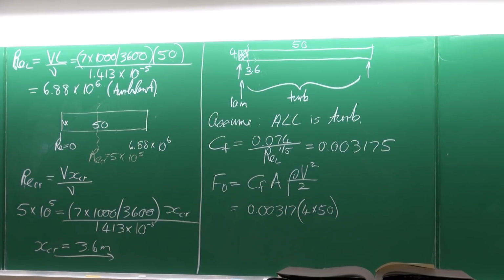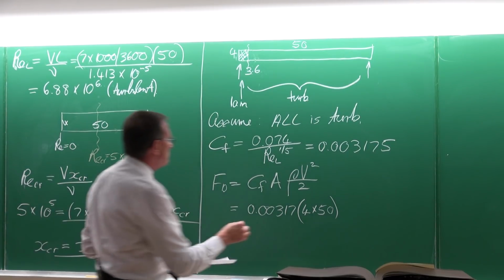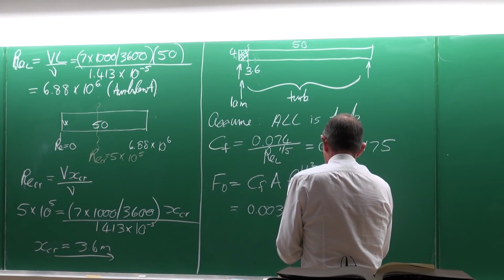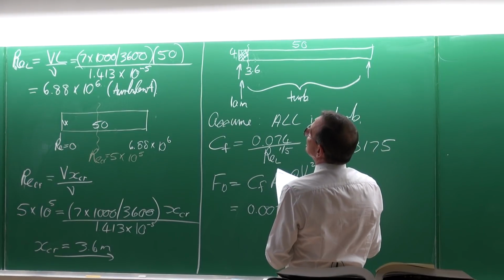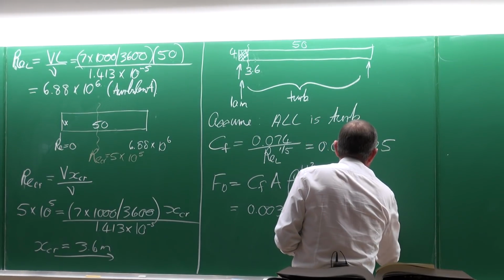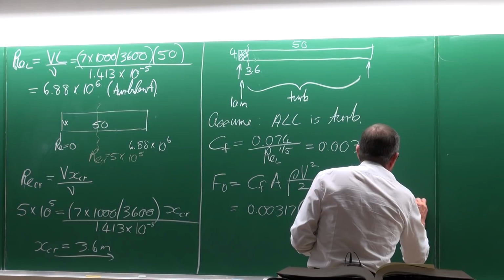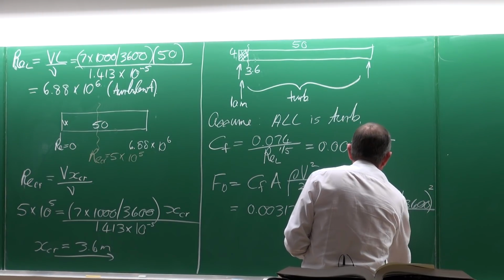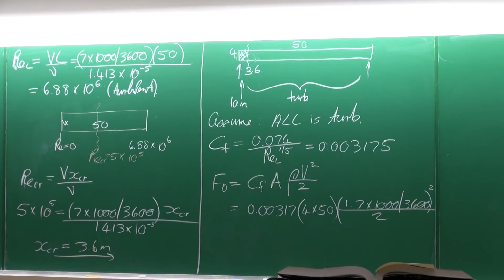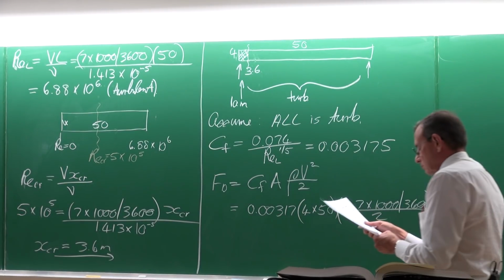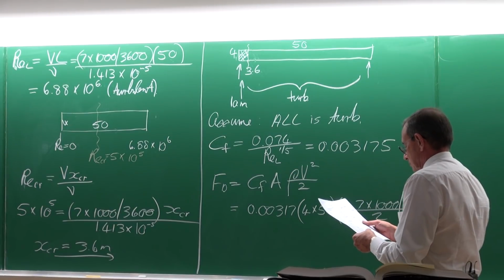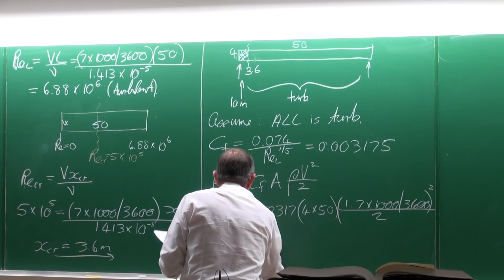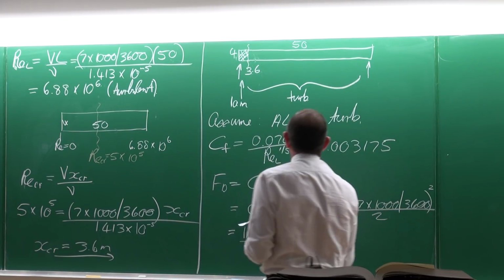It should be approximately 1. So you can just go and refine it, multiplied by the velocity, which is 7,000 divided by 3,600 divided by 2 to the power of 2 divided by 2, and that, yeah, okay, that's right, it's 1.5 Newton. So it's very small, the drag force.